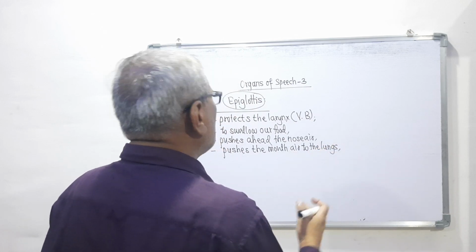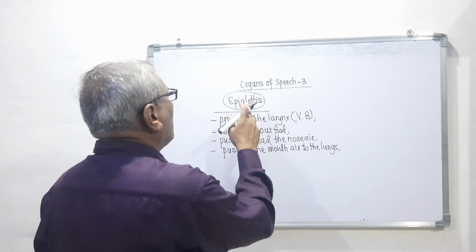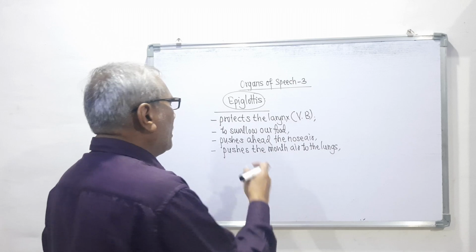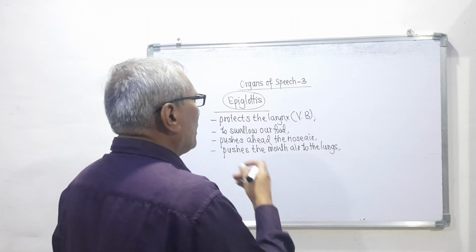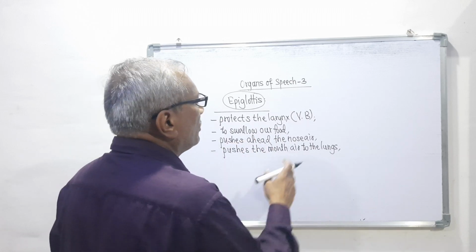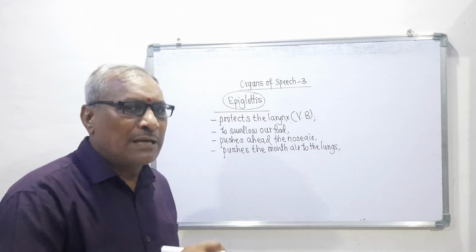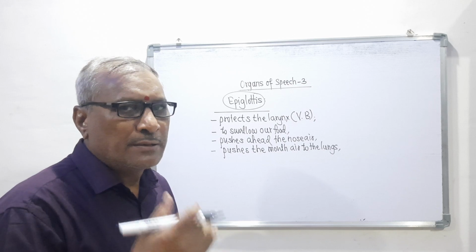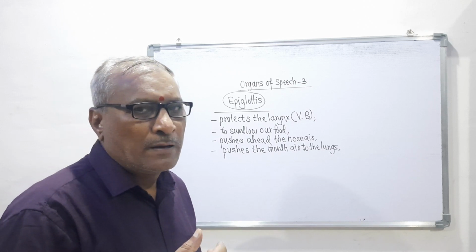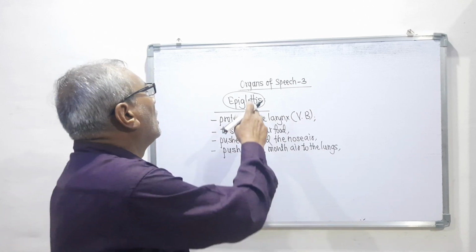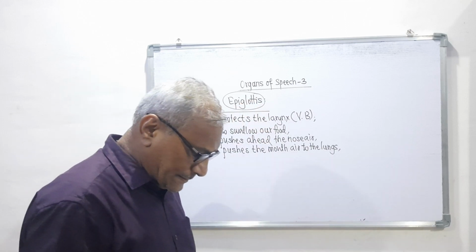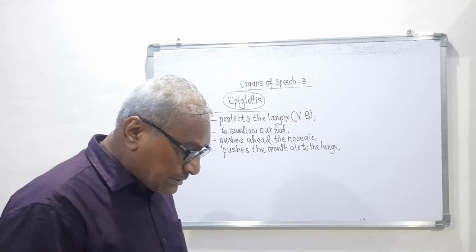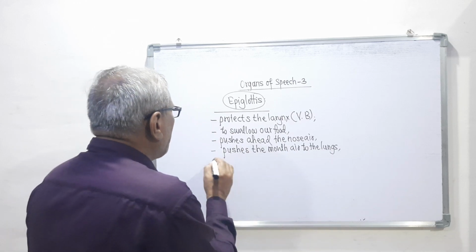There are our lungs, and this epiglottis takes that air and pushes it through the mouth to the lungs. That is the function of the epiglottis. And then this epiglottis covers the trachea.